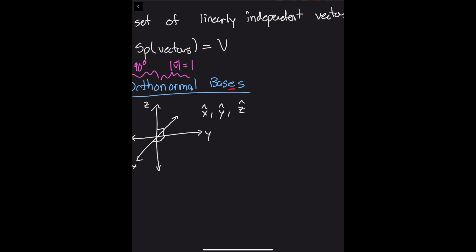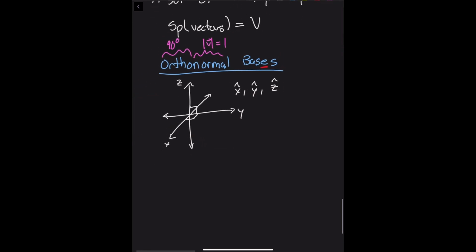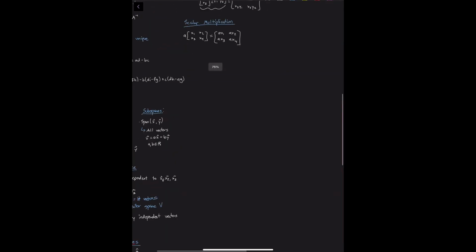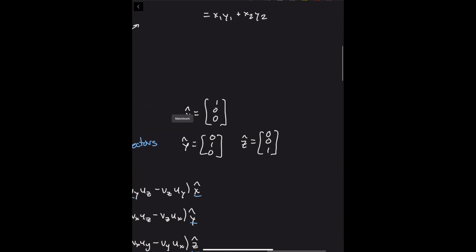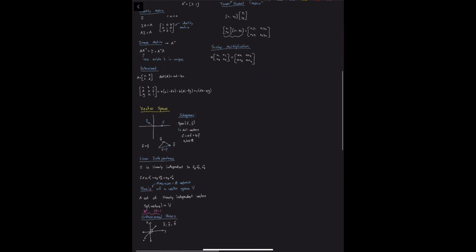If I multiplied x hat with something, it wouldn't actually change the magnitude of the thing I applied it to. And that's just because it's normed so that its magnitude is 1, which you can see here. If I did square root of 1 squared plus 0 squared plus 0 squared, that's just 1. And that just makes it easier to work with.